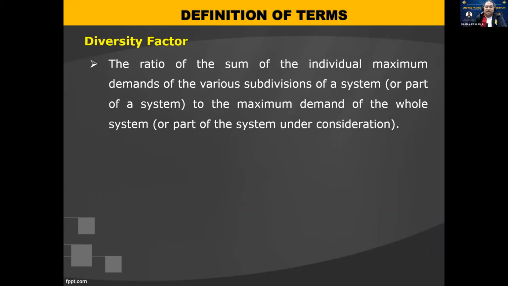So another term is the diversity factor. So ibang factor ito, no. If you can look at its numbers, it's like a reciprocal to the demand factor. But itong diversity factor, as per definition, is the ratio of the sum of the individual maximum demands of the various subdivisions of the system, no, to the maximum demand of the whole.